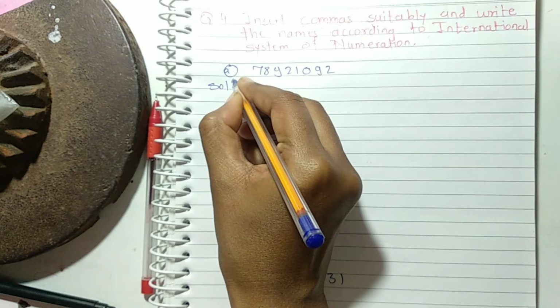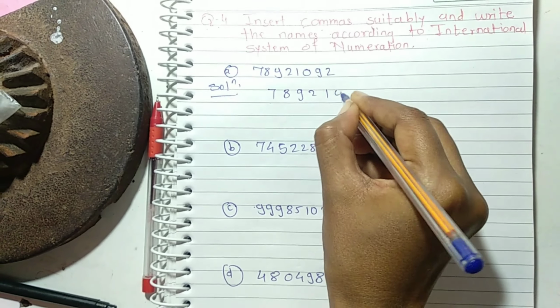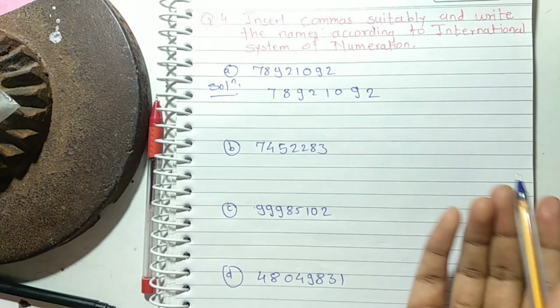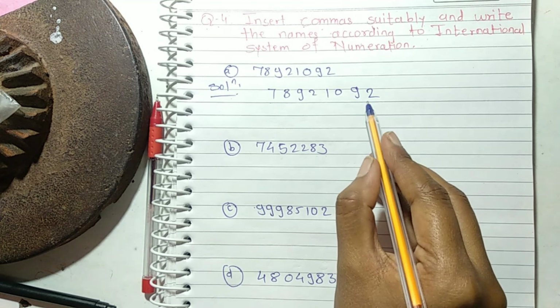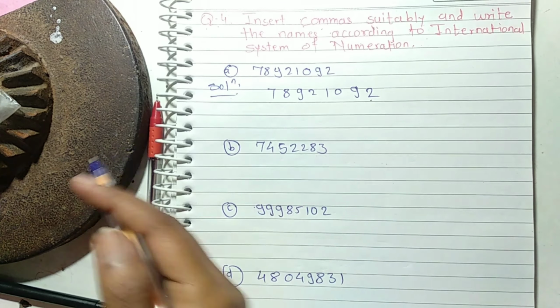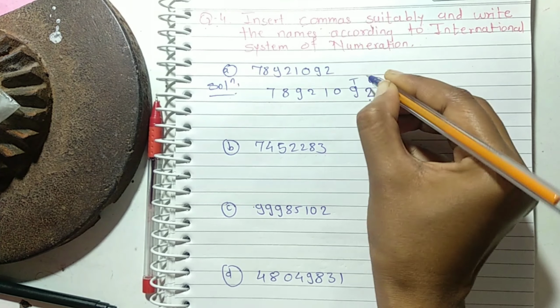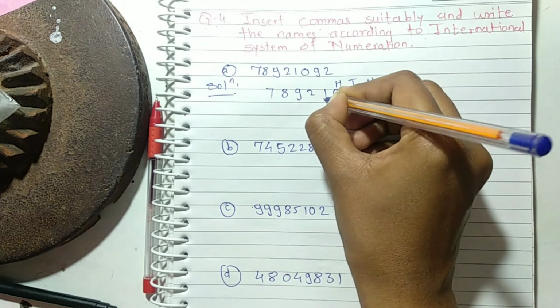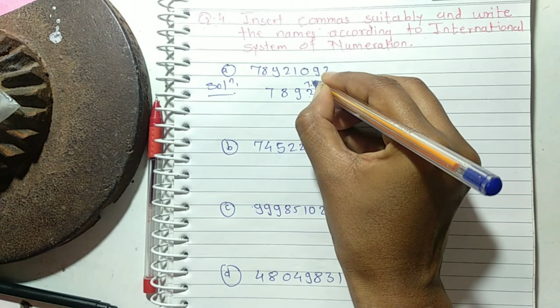write down this number as it is: 78921092. Now we put place values from the right side. 2 is on unit, 9 is on tens, 0 on hundreds, 1 on thousands, 2 on ten thousands.